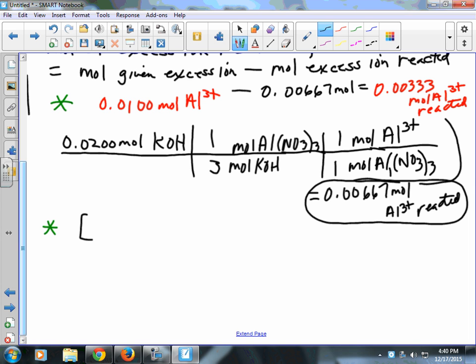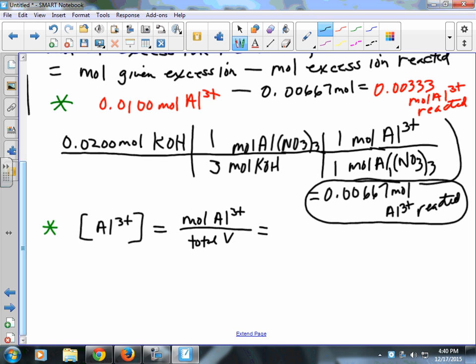So we need to take that moles and divide it by the total volume. This is aluminum for this example. So we want the concentration of aluminum. Remember, square brackets indicate concentration. So we're going to take moles of aluminum ion and divide it by total volume in liters.